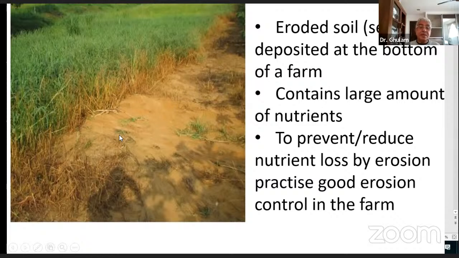And this is where the eroded soil or the sediment is deposited. If you take a sample of this and analyze it in the laboratory, you will find that the nutrient contents are very high compared to the original soil.